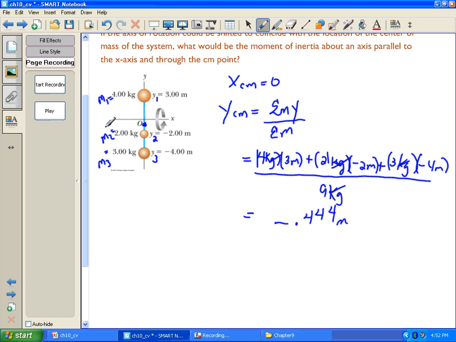So in other words, the center of mass is just below the origin along the y-axis. Now what they want us to do is shift the axis of rotation to coincide with the center of mass. So the rotation now is not about the x-axis, but about the axis that runs through the center of mass, which we've just worked out is at minus 0.444.